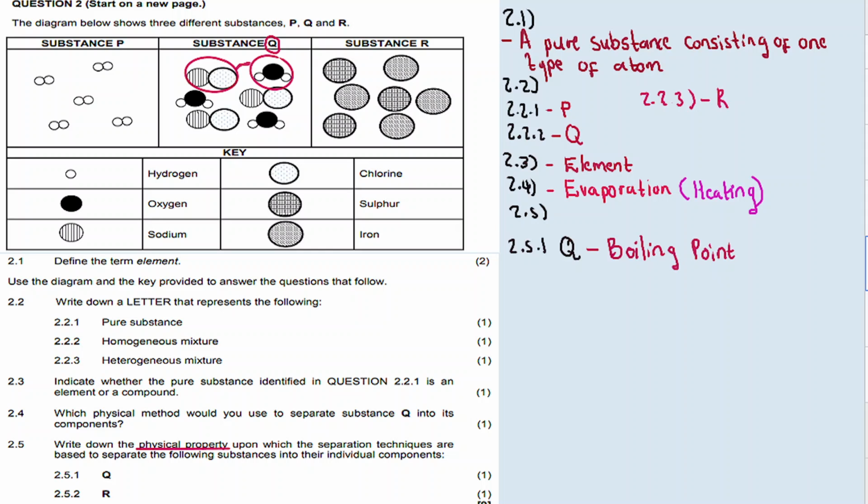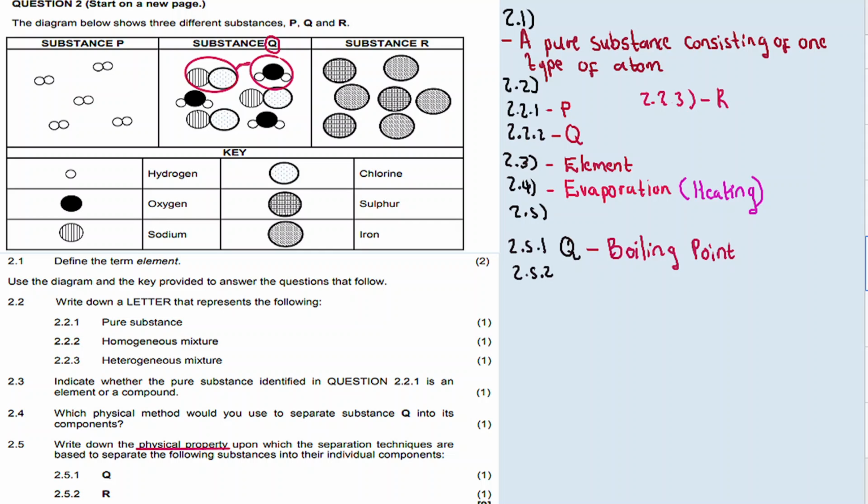It's the boiling point, right? The heating process must reach a boiling point in order for substance Q to start evaporating. The boiling point happens to be one of the physical properties of substance Q. So in order for evaporation to take place, we must heat until we reach a boiling point.